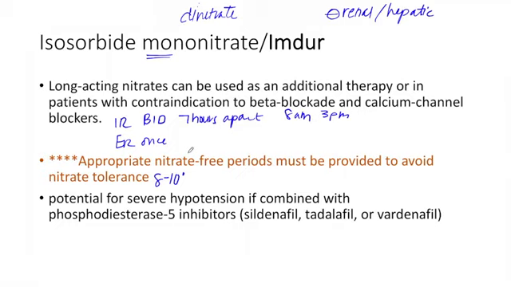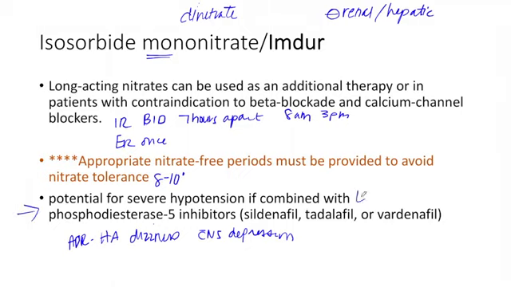Side effects, there's a lot, but a lot of them are related to cardiovascular effects. The big ones, though, are going to be headache and dizziness related to vasodilation. May have some CNS depression with it, so be careful there. But the main thing is phosphodiesterase 5 inhibitors.